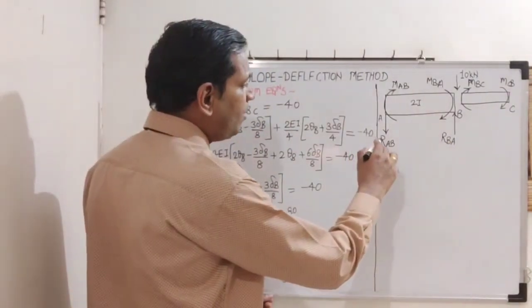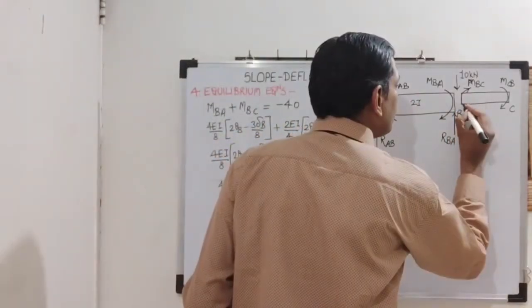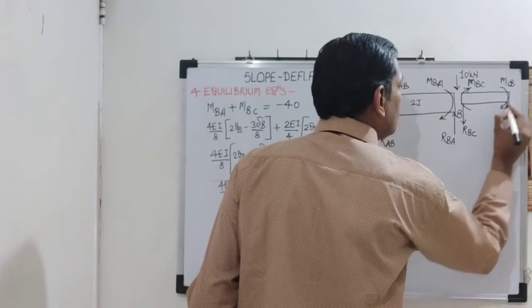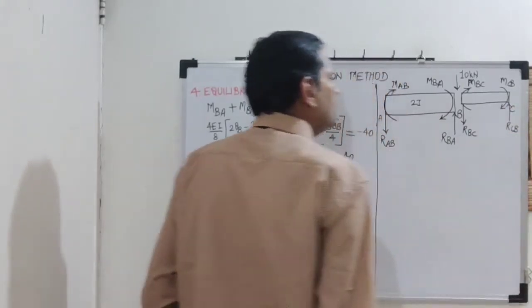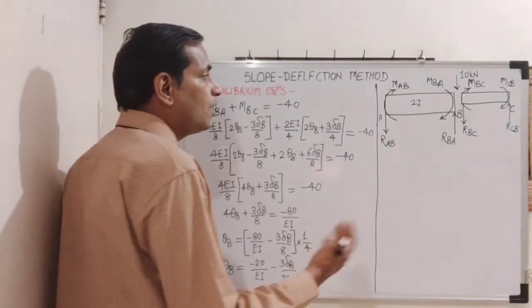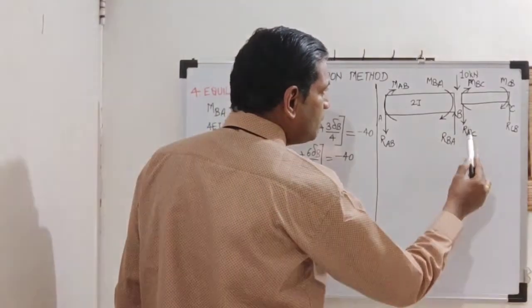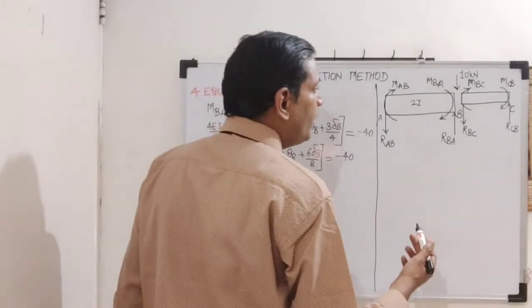So similar set of reactions will be there on BC. So this is RBC and this is RCB. Now we have to relate RBA and RBC to 10. So what will be that?